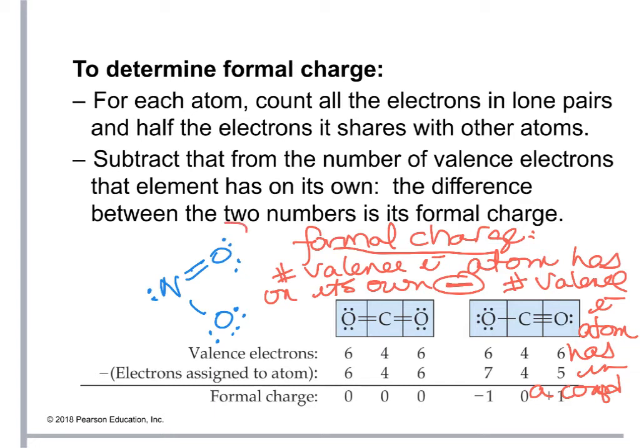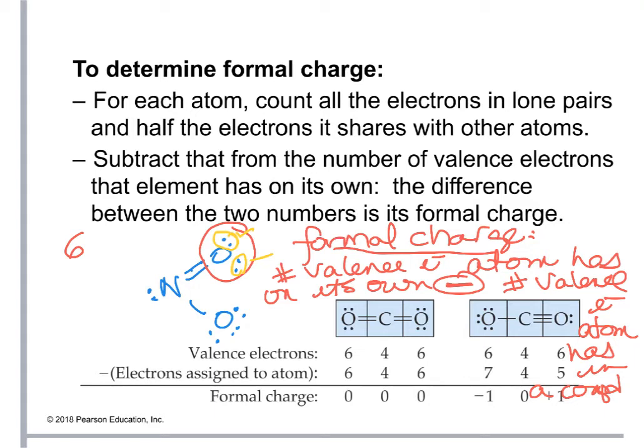Let's do this oxygen, okay? Oxygen is in group 6A, so on its own it has 6 valence electrons. Then you have to ask yourself, how many valence electrons does oxygen have in this compound? Well, the lone pairs belong only to oxygen, so each non-bonding or lone pair belongs to oxygen exclusively. So that's 2 plus 2, that's 4.